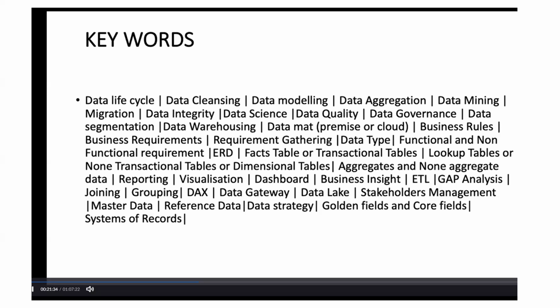Now, as a data modeler or a data analyst, the part of your job where you make all of these tables communicate with one another and interact with one another such that your job becomes easy, that part is data modeling. And we are going to see the practical of it.